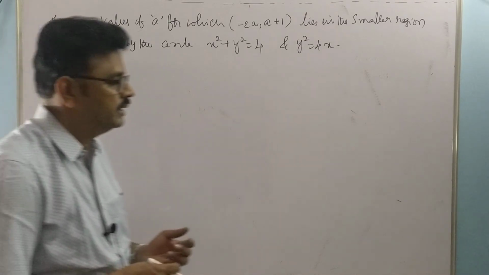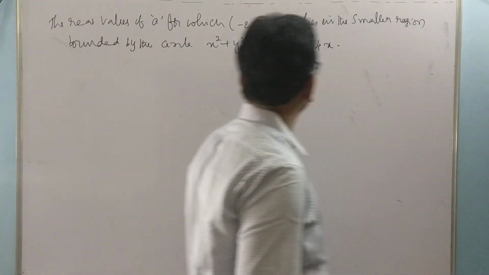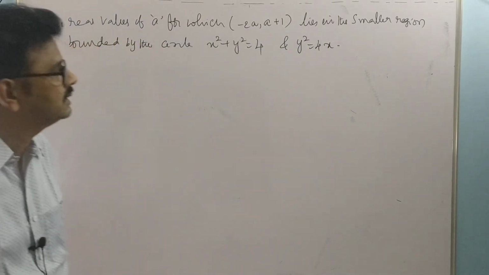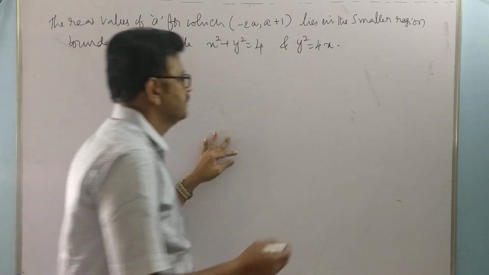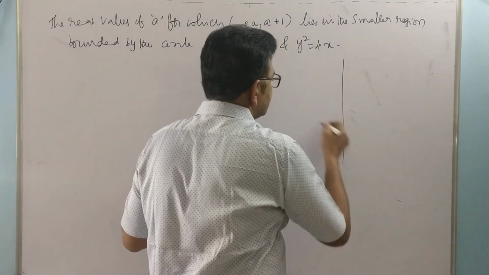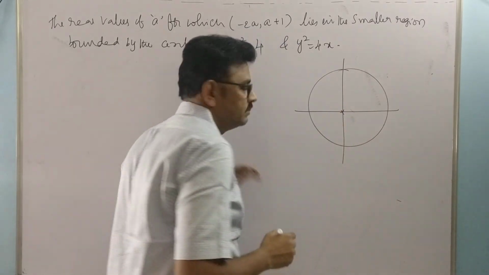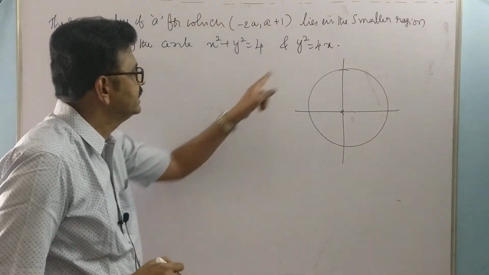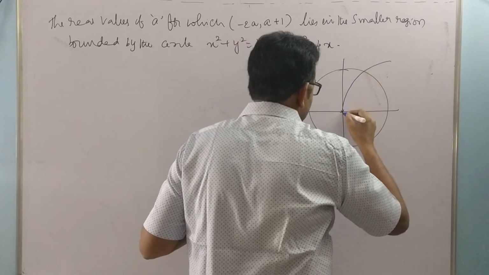The values of a for which the point (-2a, a+1) lies in the smaller region bounded by the circle and the parabola. The center of the circle is (0, 0). y² = 4x is a parabola symmetric about the x-axis.